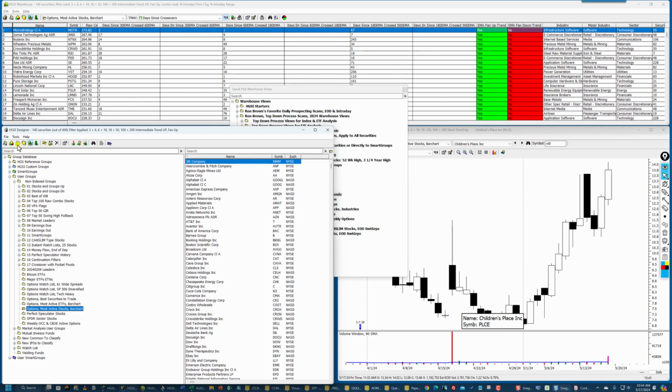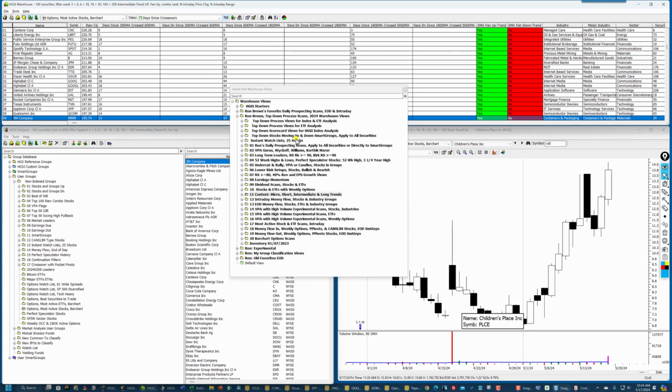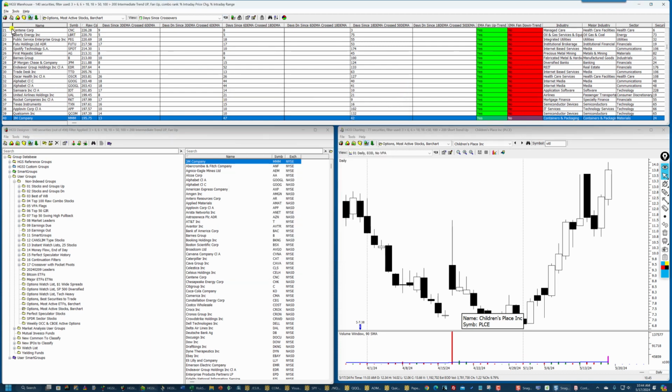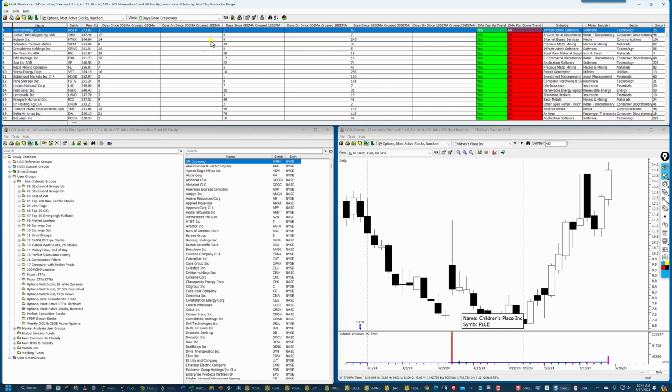I am currently in this folder because at some point, and I doubt it's going to be today, I'm going to start incorporating some options information into the stocks that I analyze. I've been promising that. I just haven't gotten around to it yet, but I will.